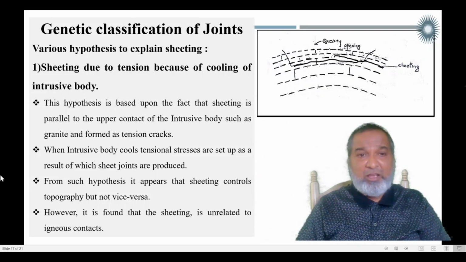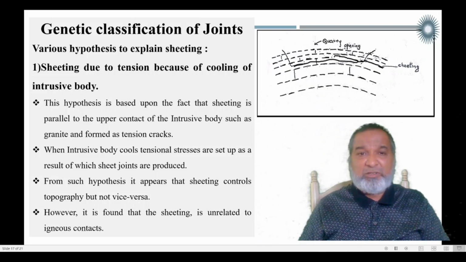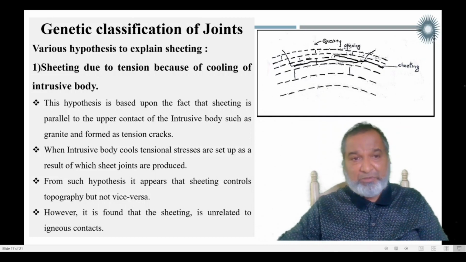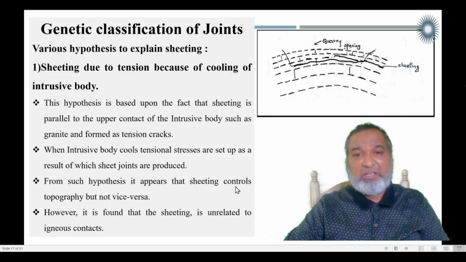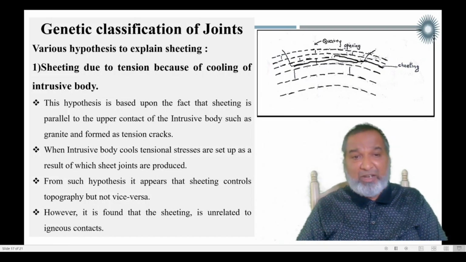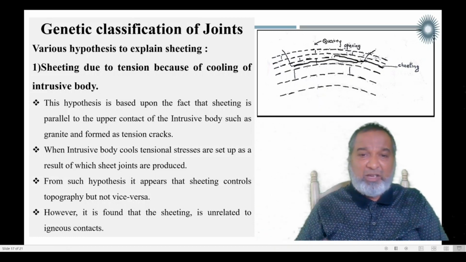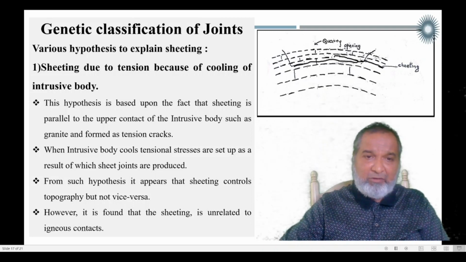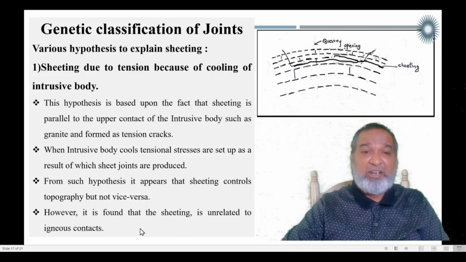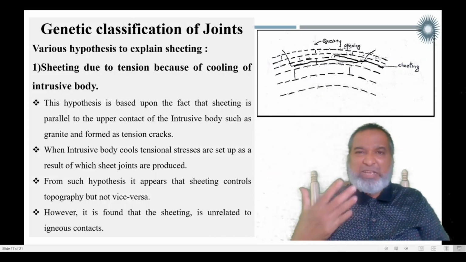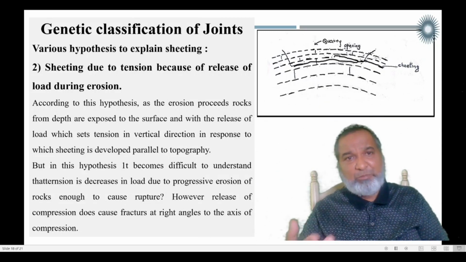When the intrusive body cools, tensional stresses are set up, as a result of which sheetings are produced. From this hypothesis, it appears that sheeting controlled topography, but not vice versa. The other aspect is probably not answered by this theory. However, it is found that sheeting is unrelated to igneous contact, so there are demerits for this hypothesis.